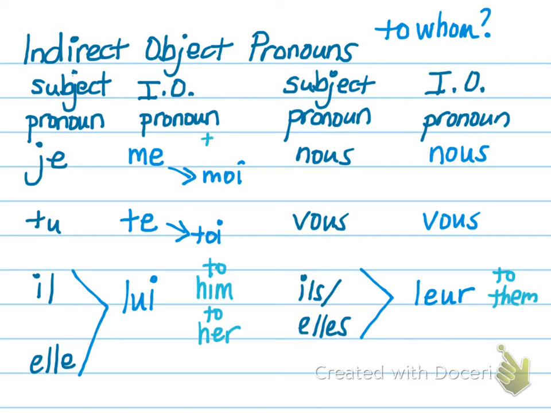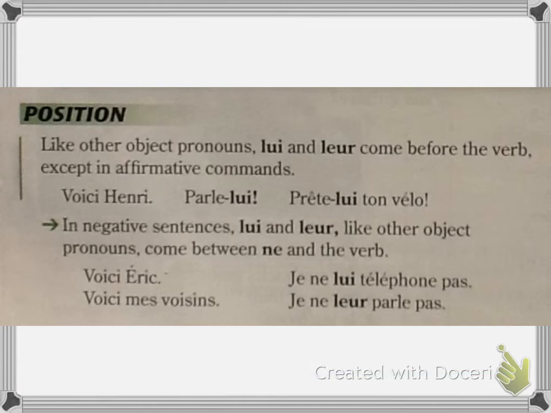This would mean to me, to you, to us, to you. So those are our indirect object pronouns.